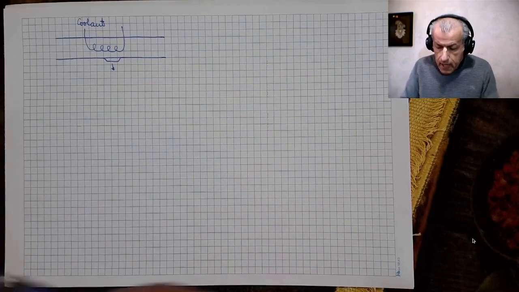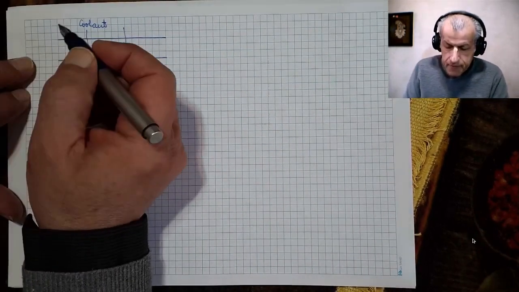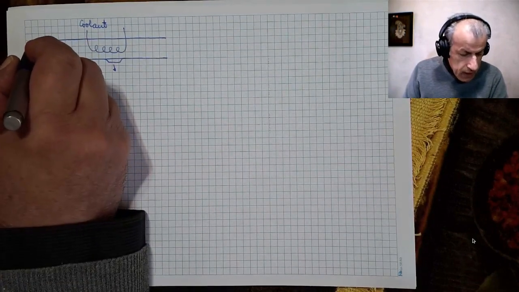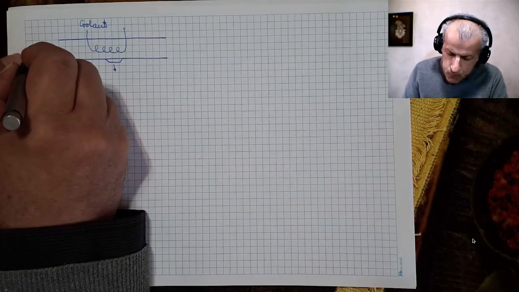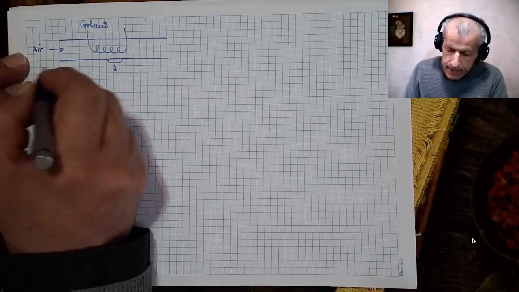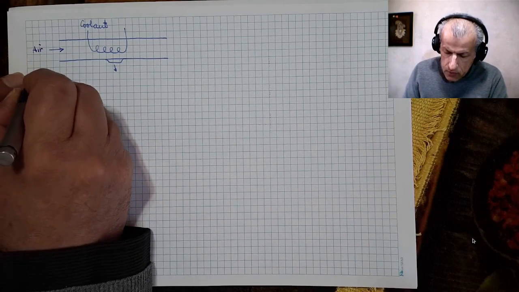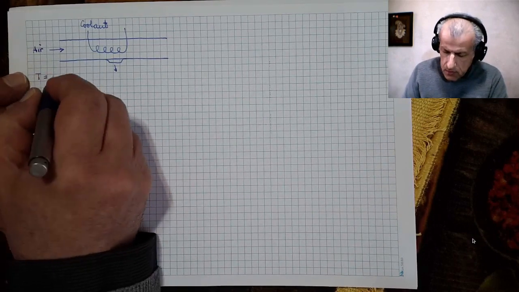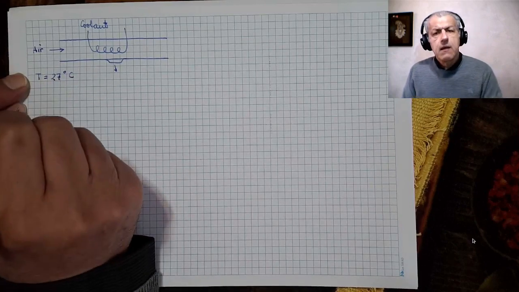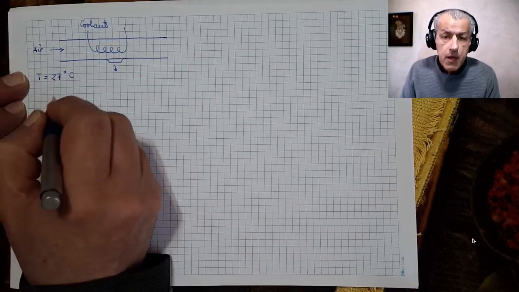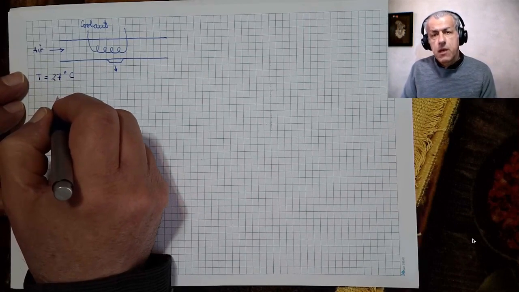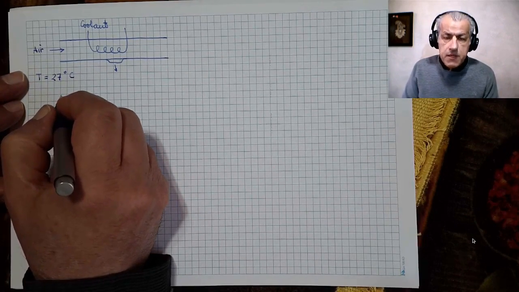So the climate that we have in this example is air, and usually it's denoted with its temperature, which is 27 degrees C. Let's call it dry bulb temperature, since it's the temperature that we measure with a thermometer.